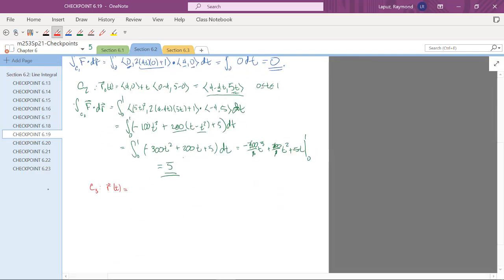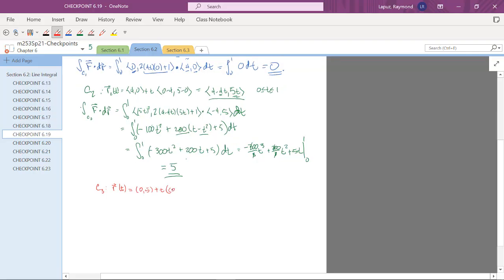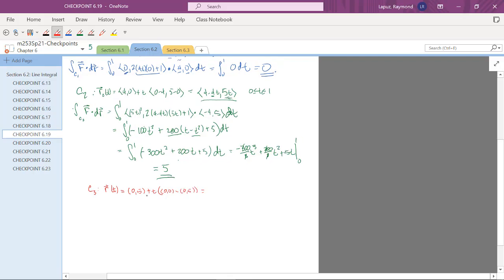So we're starting off with (0, 5) plus t times the end (0, 0) minus (0, 5). That's going to give us a 0 for the x component and a 5 minus 5t for the y component as t goes from 0 to 1.